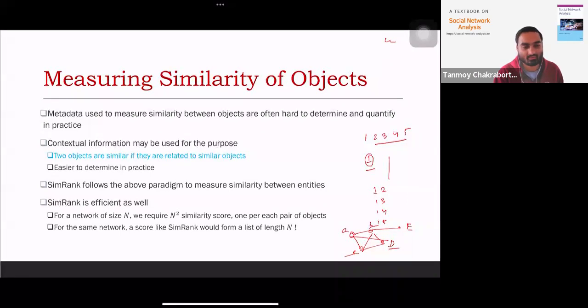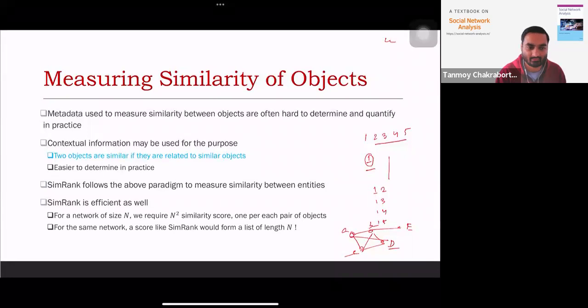It's a very simple idea. This also resembles the concept of distributional similarity in NLP, where the context of a word indicates its meaning. So here also we are saying that if you want to understand the similarity between 2 items, you look at their contexts and see how similar those 2 contexts are.